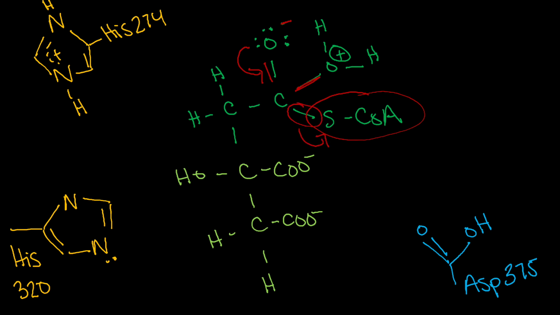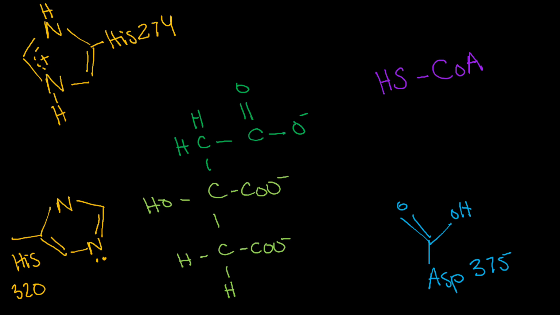Sulfur will gain a lone pair, and as sulfur is leaving, it will grab one of the hydrogens from the water with its lone pair that it has gained from right over here. So then we can see that the double bond between oxygen and carbon has reformed, and as the coenzyme A was leaving, it took that hydrogen with it from that H2O.